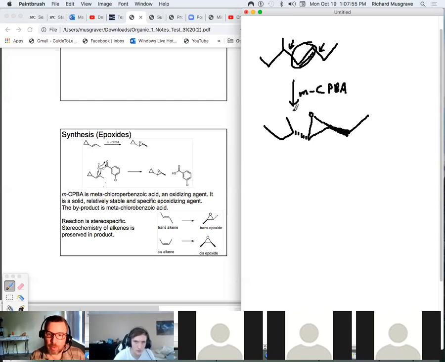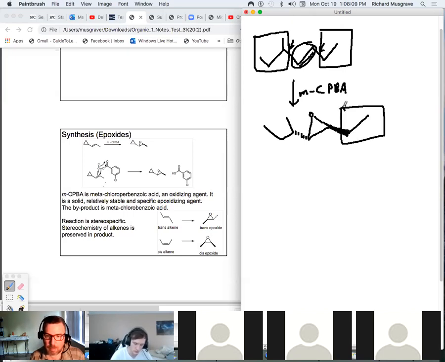Now, ensure also that you've got the same grouping attached on each side as well. So there's your 2 carbons there, and there's your 4 carbons there on the sec-butyl and the ethyl on this side. Does anybody have any questions?